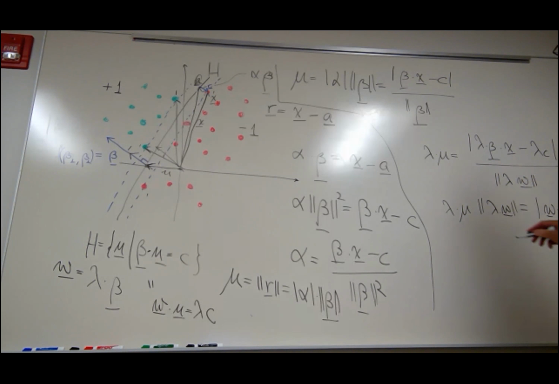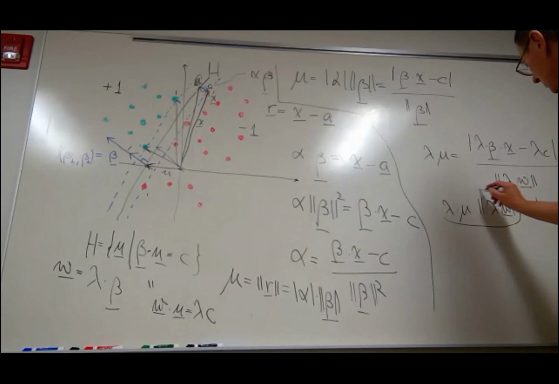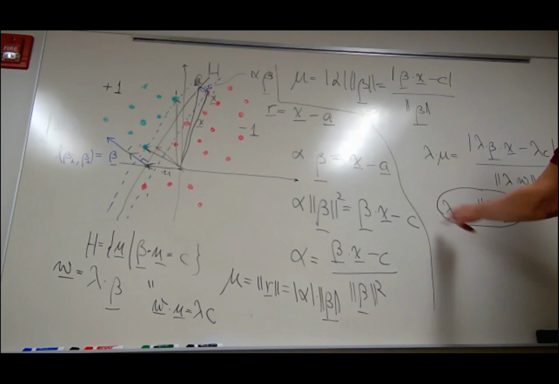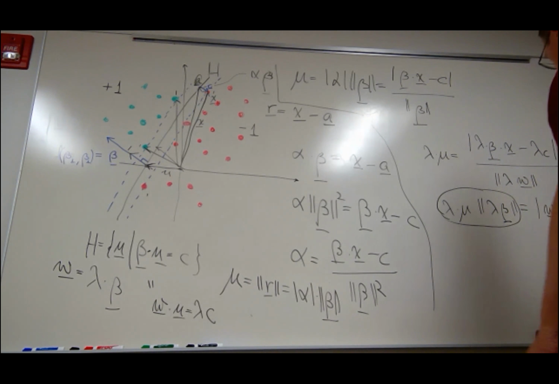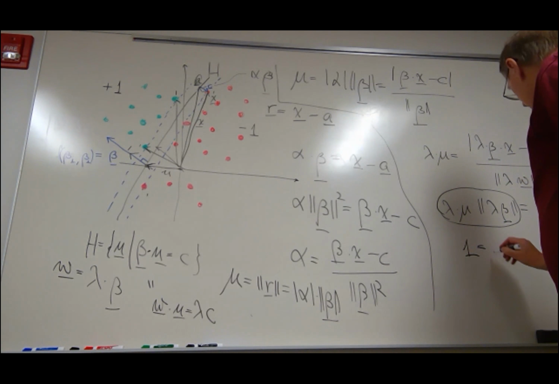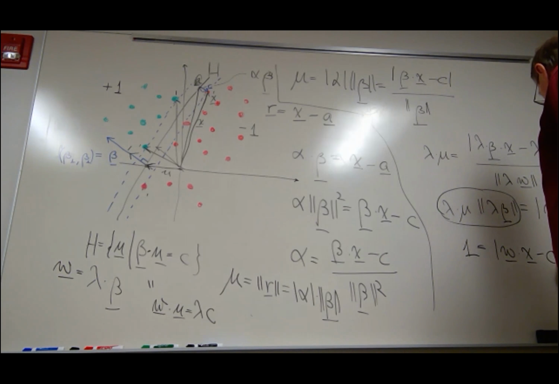And so if I choose the correct lambda here, I can make this equal to 1. I can choose any, this should be a beta. I can just choose a lambda such that this side is equal to 1. And so if I do that, I get the equation that 1 is equal to w dot x minus c prime.